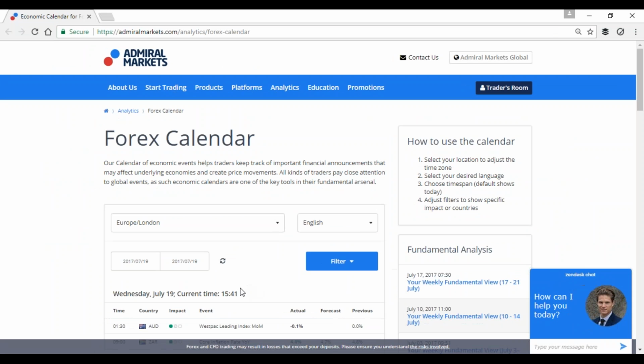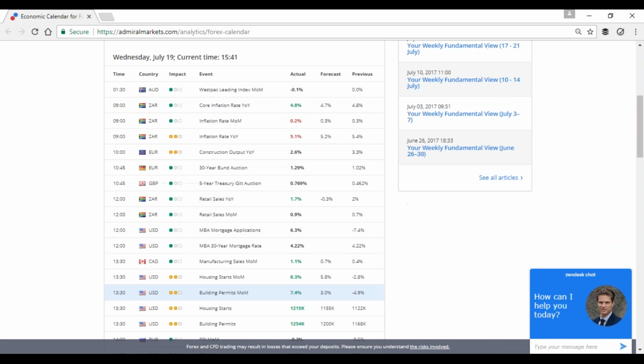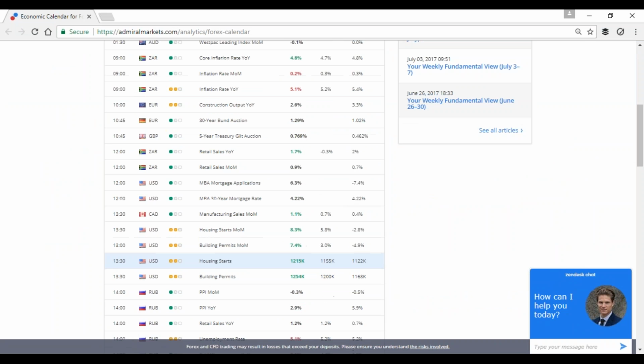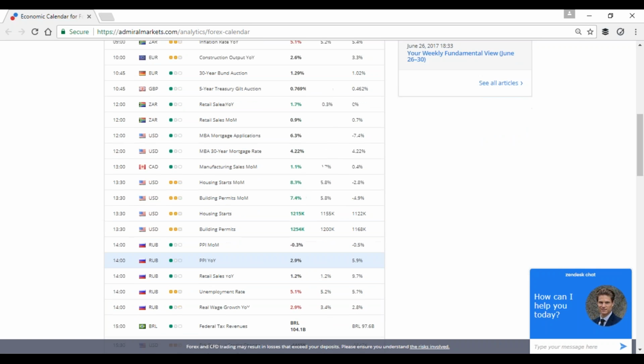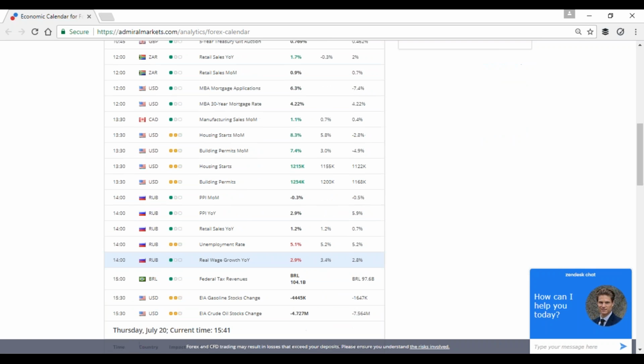All right, before we kick off looking at the charts, it's always good to be aware of what's going on in the market, what kind of news releases and data we could expect. Housing starts, building permits, big surplus, more than they actually forecasted. Housing starts too, so definitely the housing market is seemingly rebounding. But what impact it has on the broader economy is still a question mark.